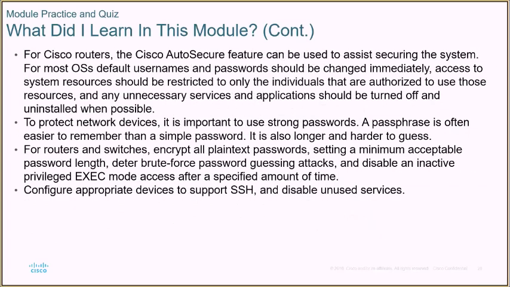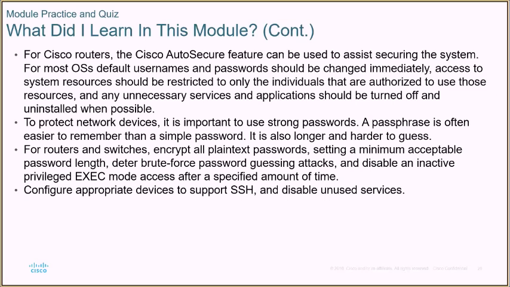For Cisco routers, the Cisco AutoSecure feature can be used to assist in securing the system. For most operating systems, default usernames and passwords should be changed immediately. Access to the system resources should be restricted to only the individuals that are authorized to use those resources, and any unnecessary services and applications should be turned off and uninstalled when possible. To protect network devices, it is important to use strong passwords.